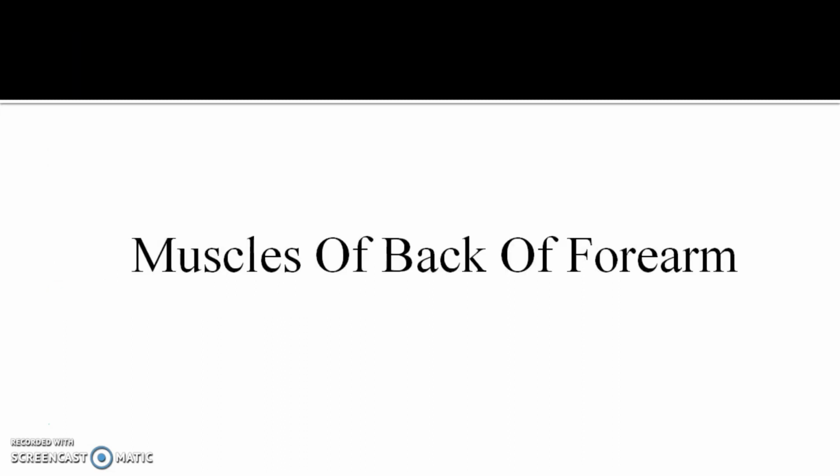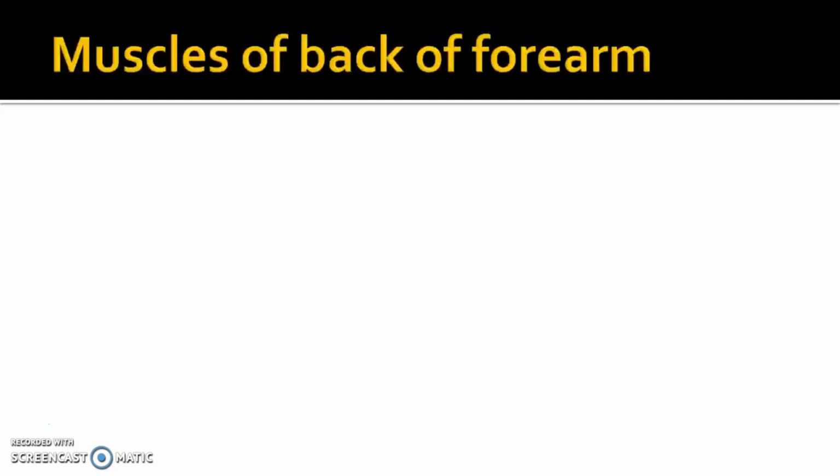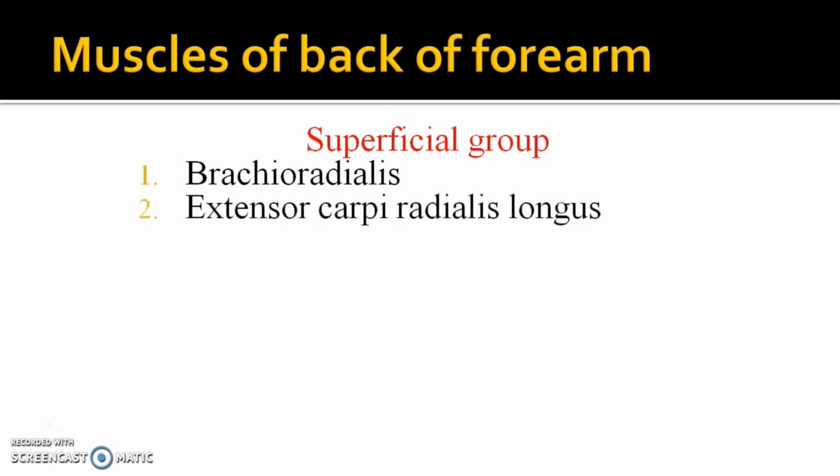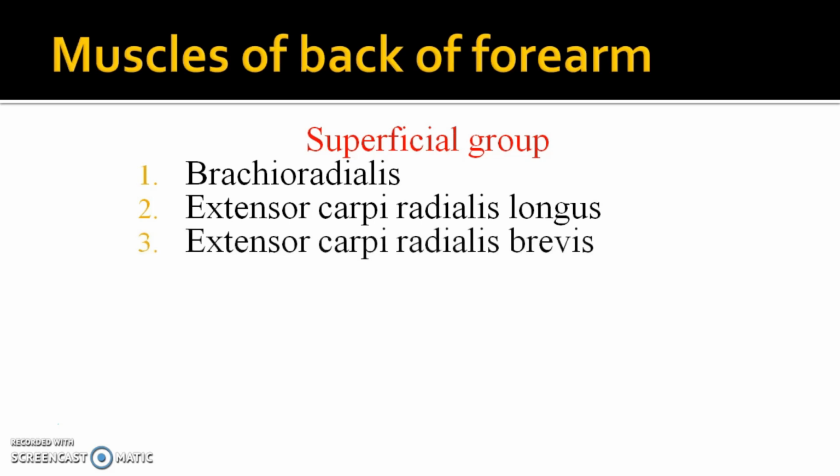Now moving on to the muscles of the posterior compartment. As I said, it is divided into superficial and deeper groups. The superficial group has around 7 muscles. The first is brachioradialis, the second is extensor carpi radialis longus, and the third is extensor carpi radialis brevis.